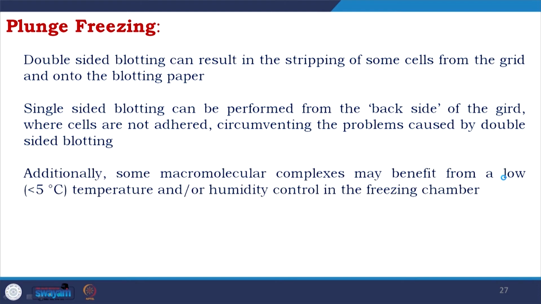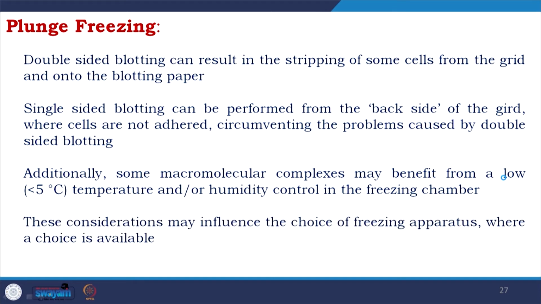Additionally, some macromolecular complexes may benefit from a low, around 5 degree centigrade, temperature or humidity control in the freezing chamber. These considerations may influence the choice of freezing apparatus where the choice is available to you or not.